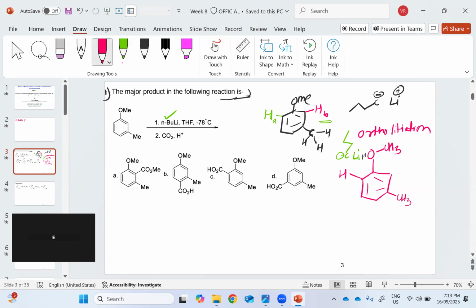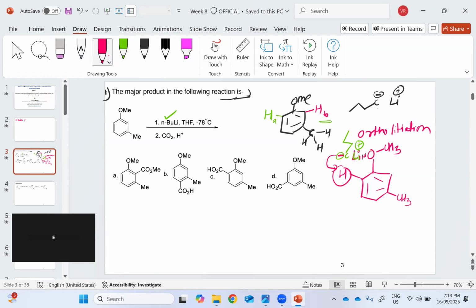This part has some polarization towards the oxygen, because this lithium is Li positive and C negative, right? So this positive cation gets stability near the oxygen atom, and this C negative, the part of the butyl chain, abstracts the proton.